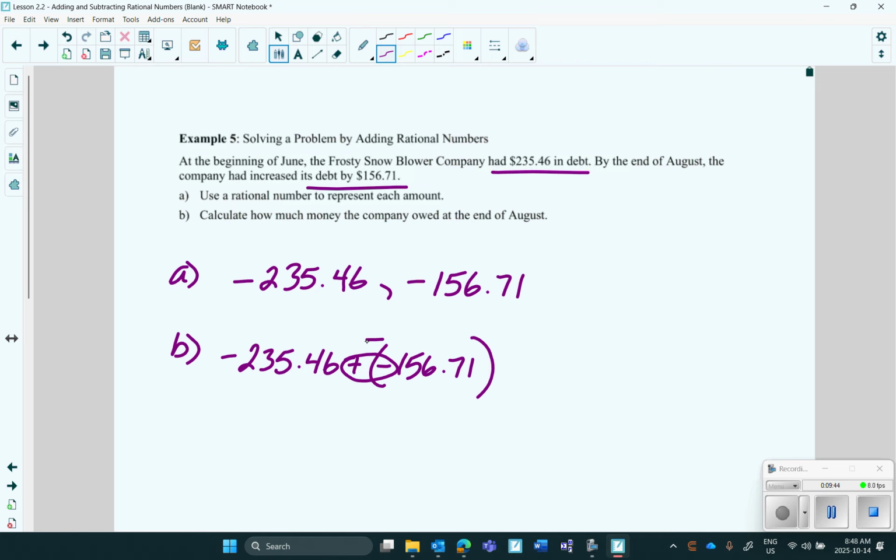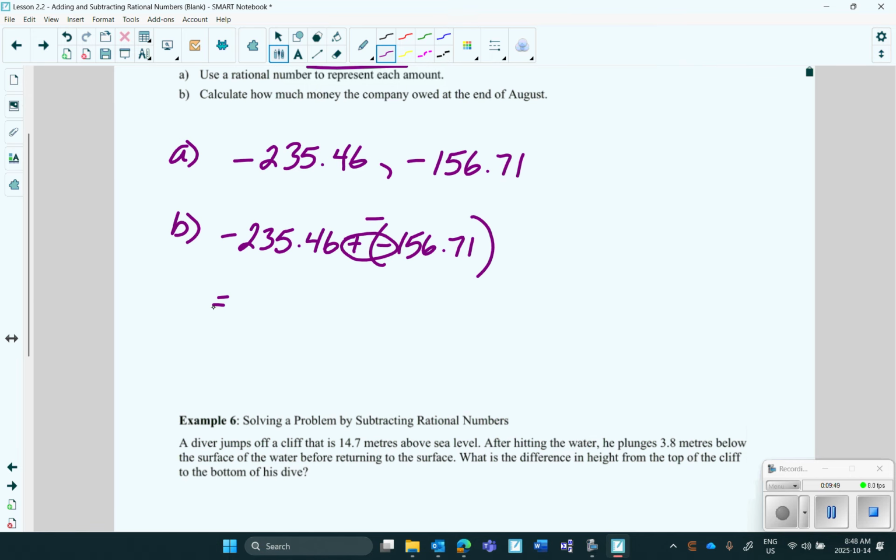Calculate it and you should get negative, and then I'm going to put a dollar sign because I'm going to put the units in because it's my final answer. Negative $392.17.